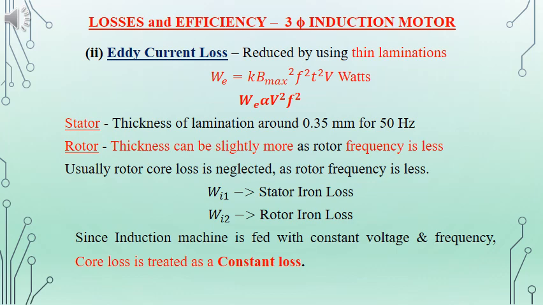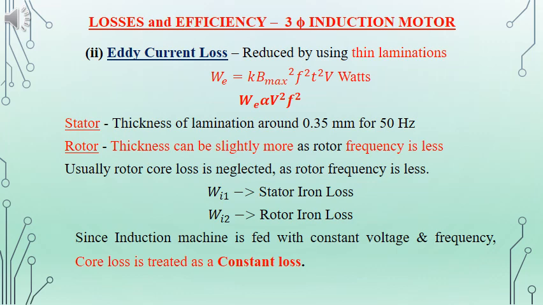The thickness of lamination on the stator side will be in the range of 0.35 mm to 0.45 mm, and preferably 0.35 mm for 50 Hz. And on the rotor side, we can even increase the thickness of the lamination because the frequency on the rotor side will be less.